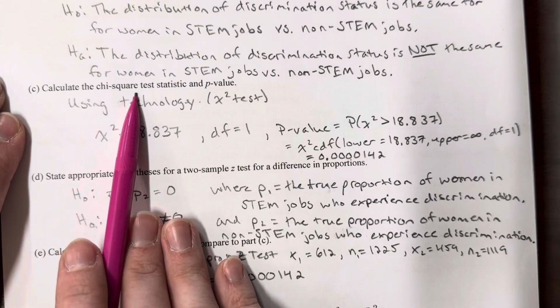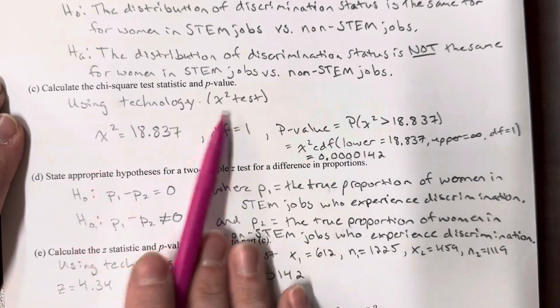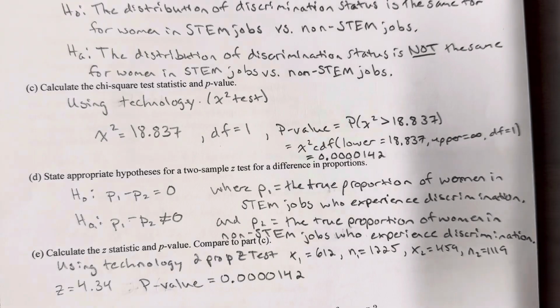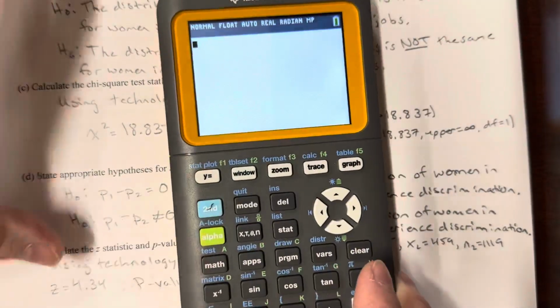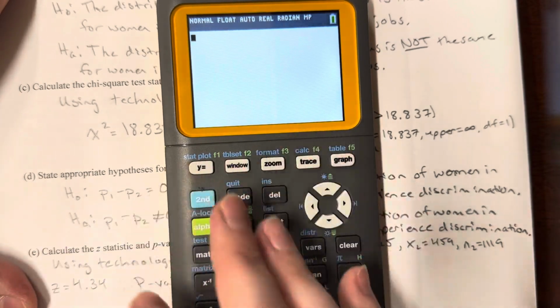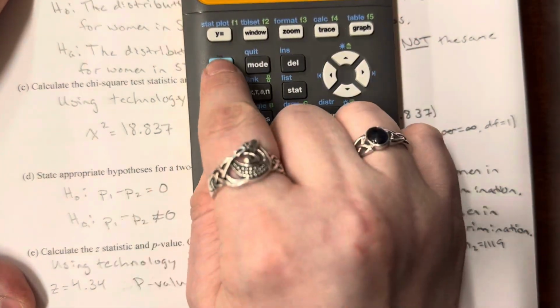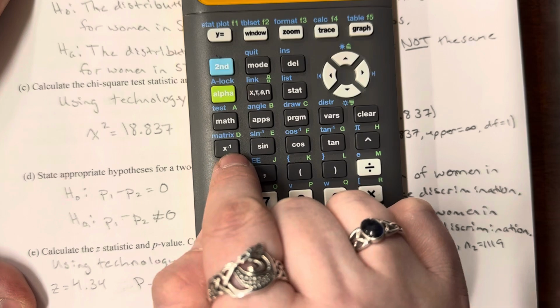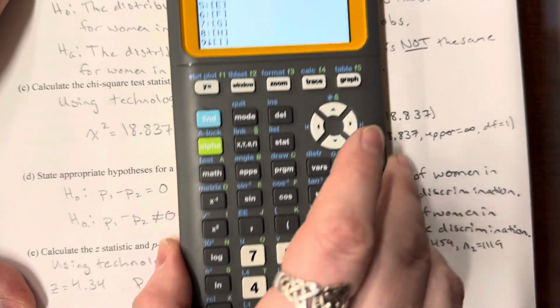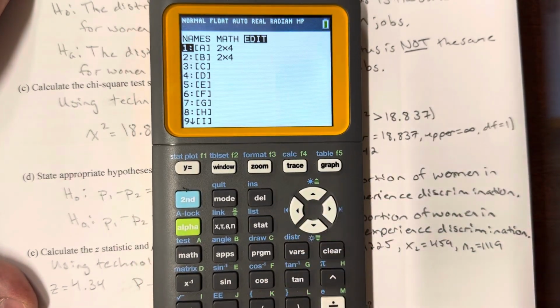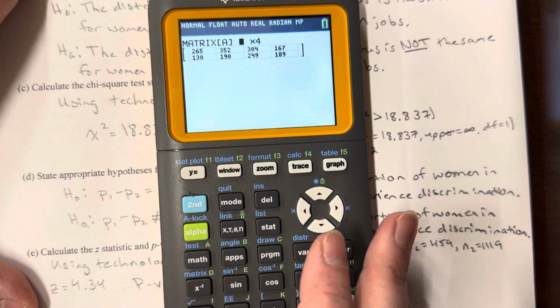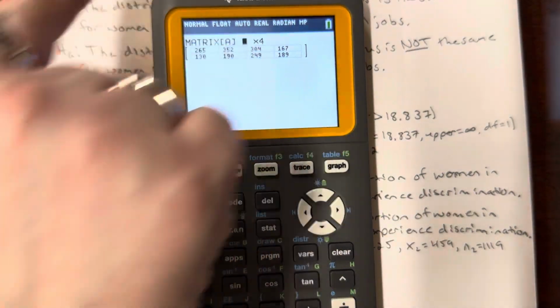To calculate the chi-square test statistic and p-value, I use technology for this. So if I turn on my calculator, for a two-way table, we need to use the matrix. And I'm going to hit second and then inverse of x, because that's where matrix is written in blue. Go to edit, and I'm going to hit enter on A, and this is a 2x2 table.